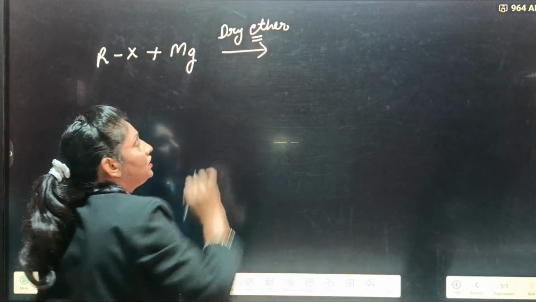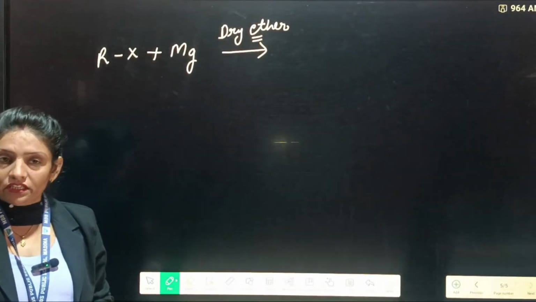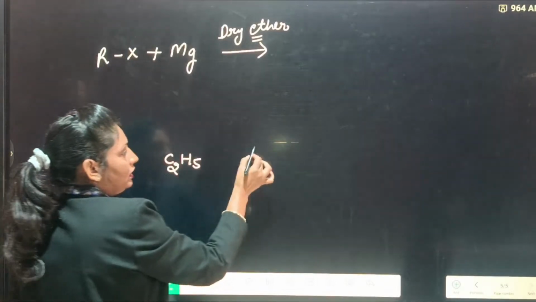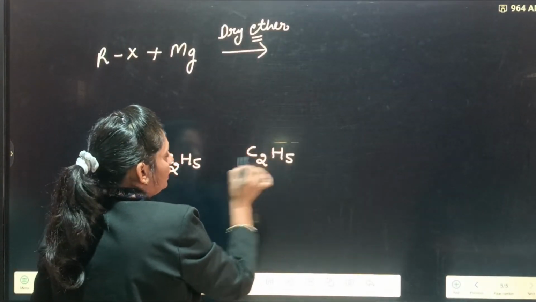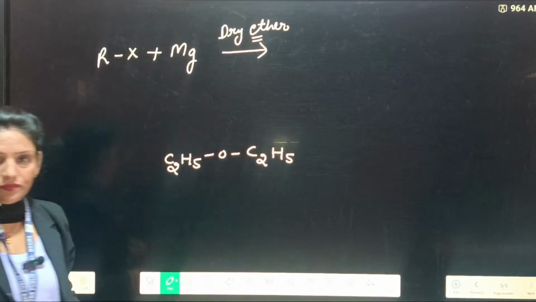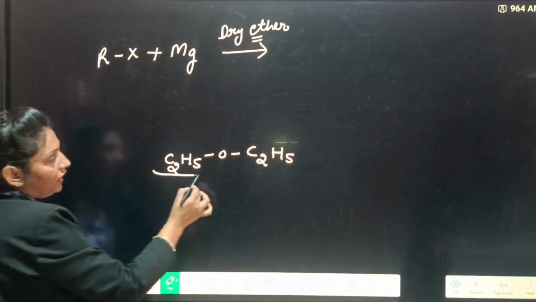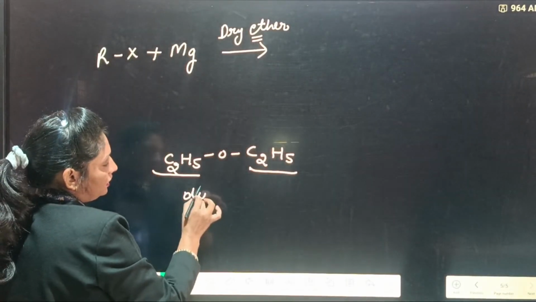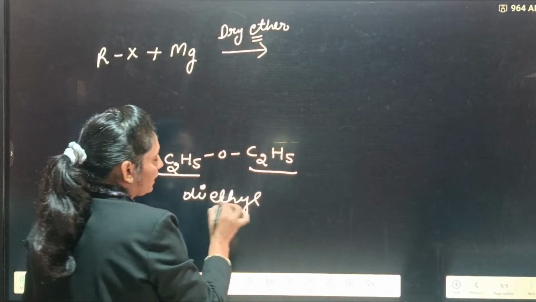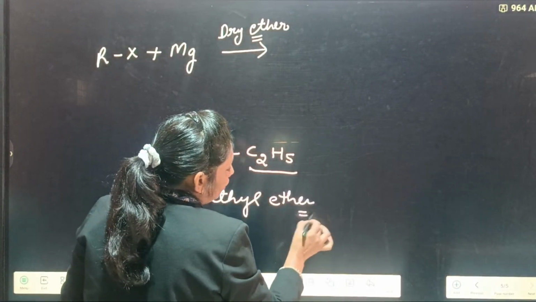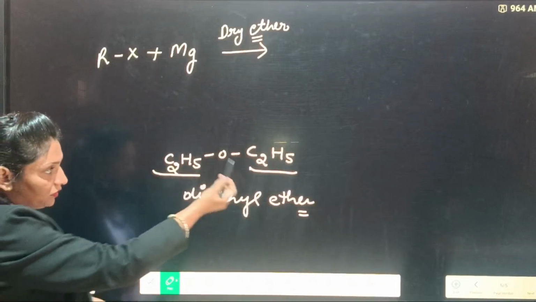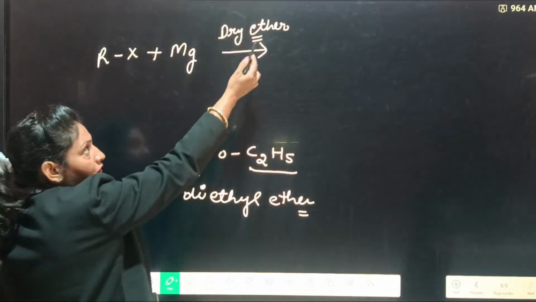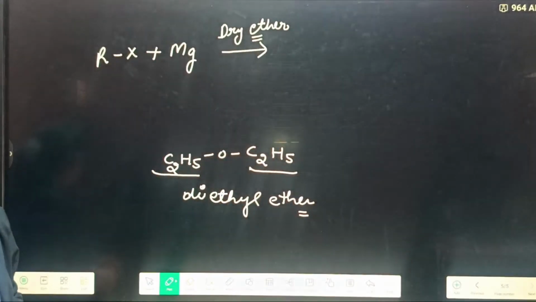In your book it may be written diethyl ether, which is the same thing. This is the common name, diethyl ether, or the IUPAC name ethoxyethane, or simply you can write dry ether.